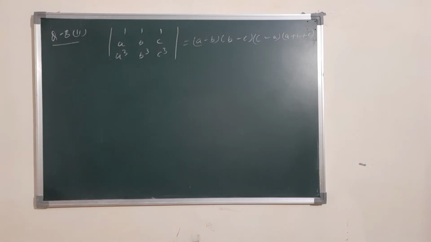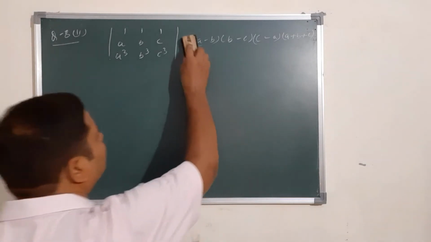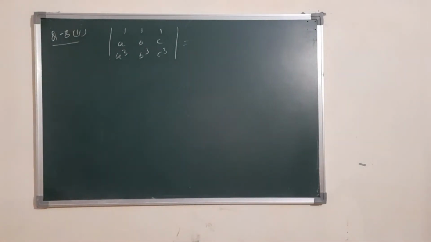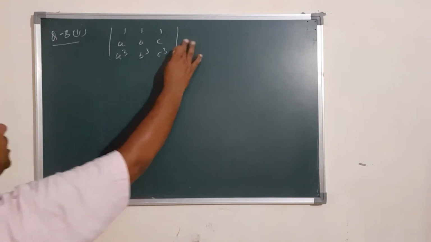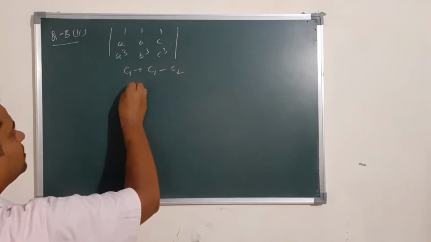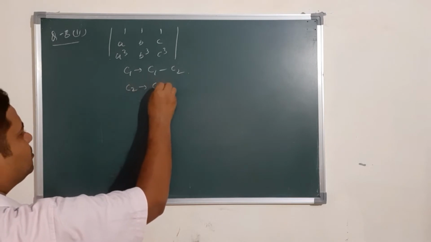Now see this one, taking LHS. Here we use this operation: C1 tends to C1 minus C2 and C2 tends to C2 minus C3.